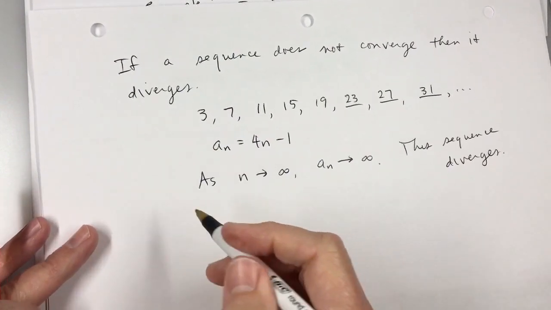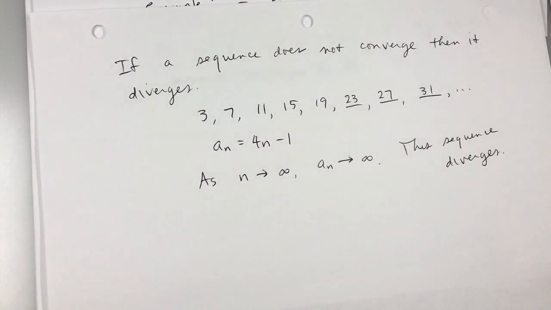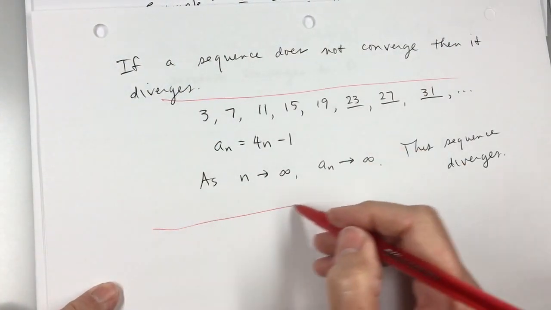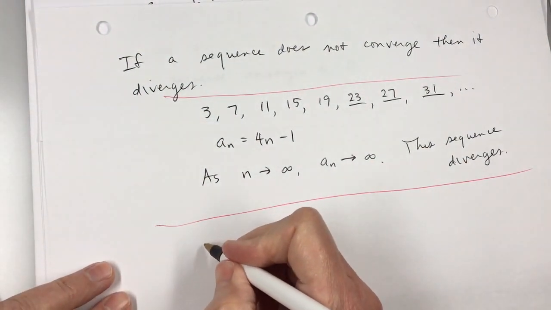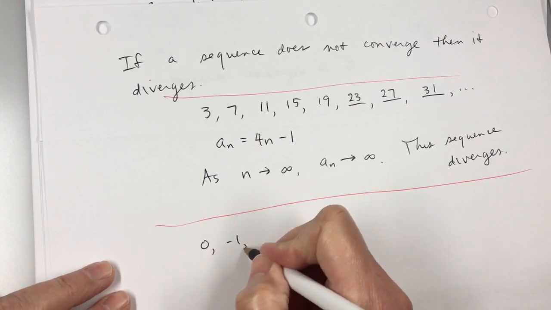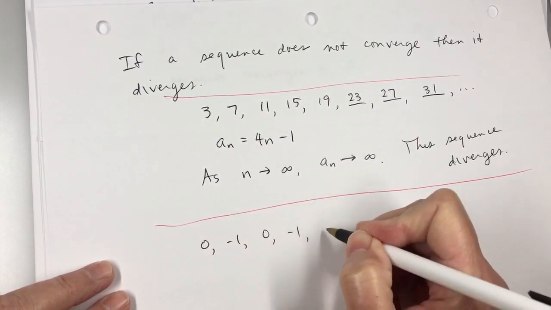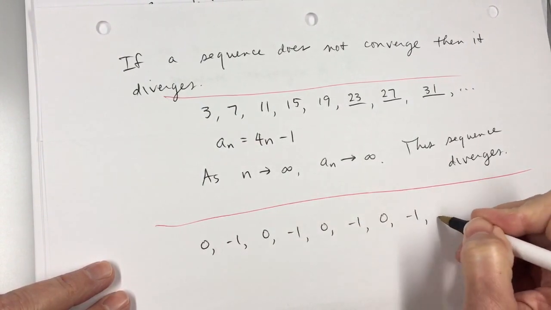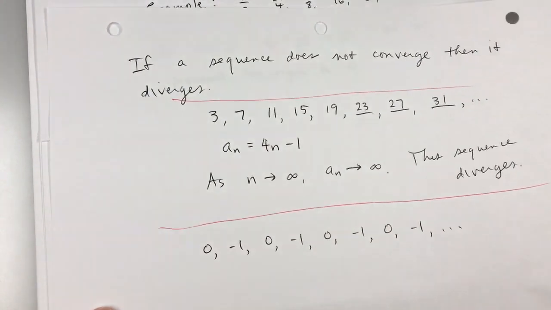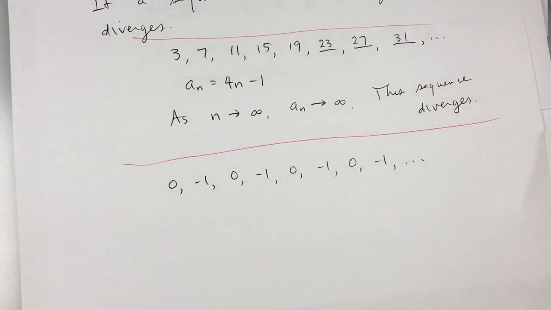Here's another example. I'll draw lines just to separate these two examples. So if I have something like this, 0, negative 1, 0, negative 1, 0, negative 1, this just continues forever. I've had students before say something like this: this sequence converges to negative 1/2.